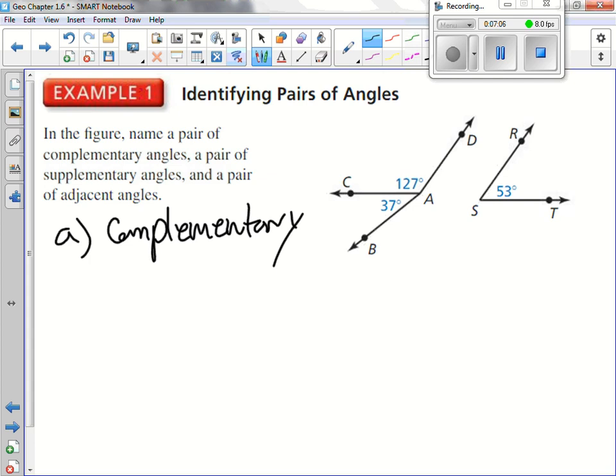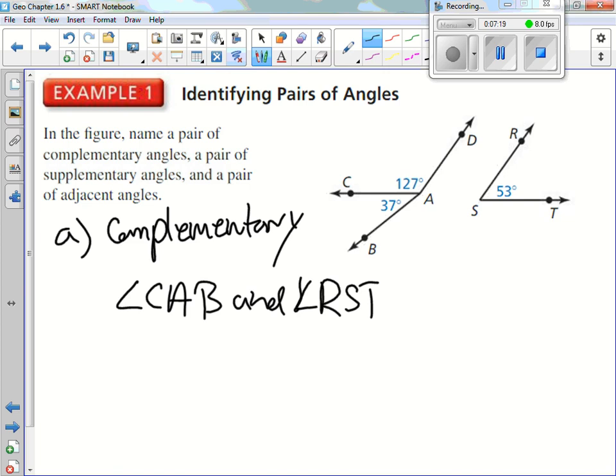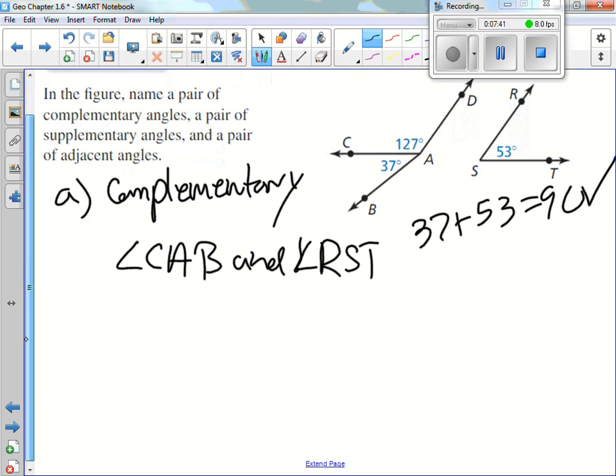So looking at these angles here, which two add up to be 90? These two here. Now, if you did angle BAC or angle TSR, those are the same things. But the main thing we're worried about is the fact that 37 plus 53 is equal to 90. So these are complementary angles.